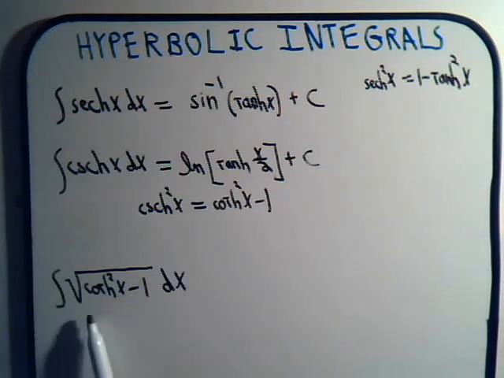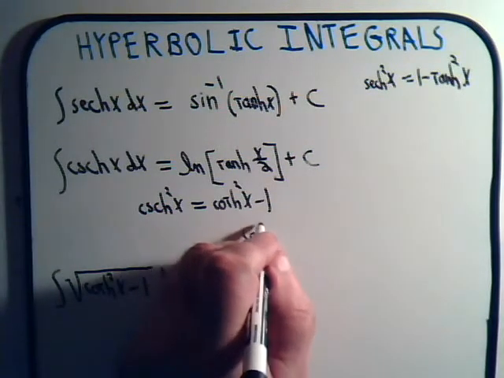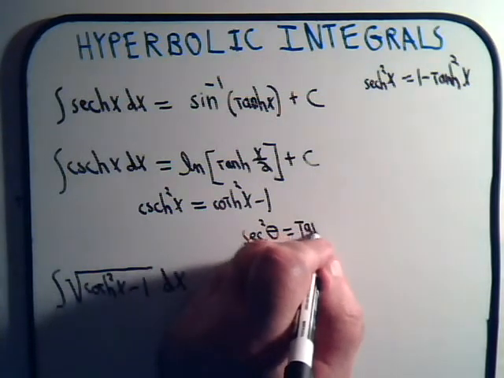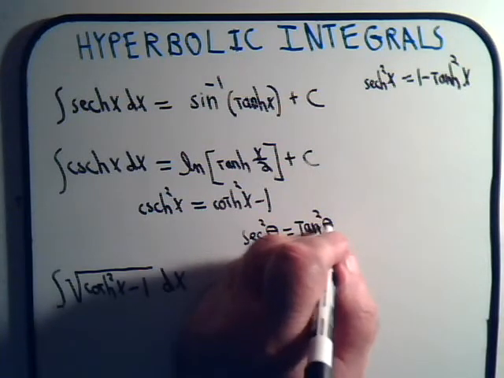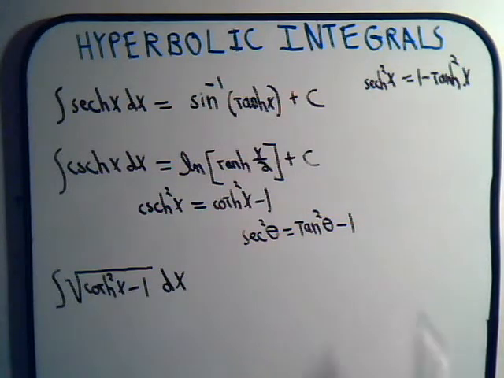If we look at this, that should remind us of an integral where the trig substitution might apply, because what we have here is a variable squared minus a constant, and the trig substitution that should remind you of is the secant squared of theta equals the tangent squared of theta minus 1. A variable squared minus a constant. Here we have a variable squared minus a constant. They're the same general format.